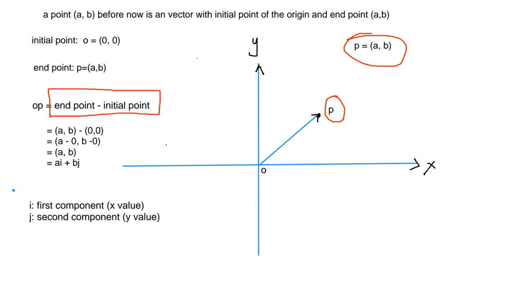So now, if I have another point, let's say I have a point here, and I call it Q. Because Q is a point, maybe I can say Q equals C comma D.